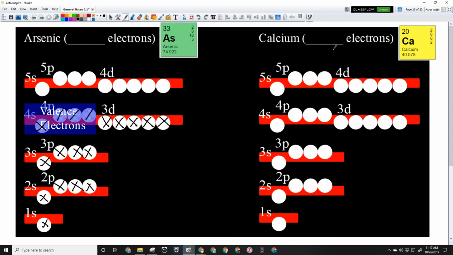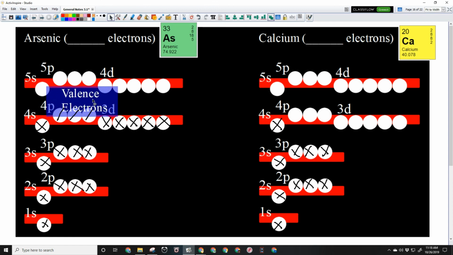All right, so let's look at calcium. Calcium has 20 electrons. 1, 2, 3, 4, 5, 6, 7, 8, 9, 10, 11, 12, 13, 14, 15, 16, 17, 18, 19, 20. All right, so if the valence electrons that participate in bonding are the highest energy S and P electrons, S and P only, we're going to put our valence electron box over this.